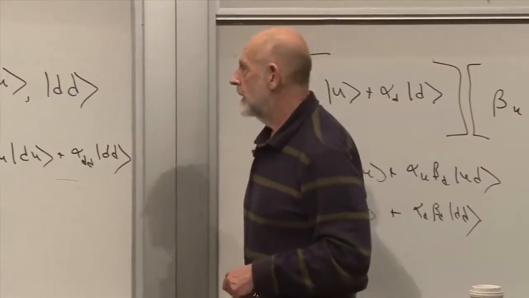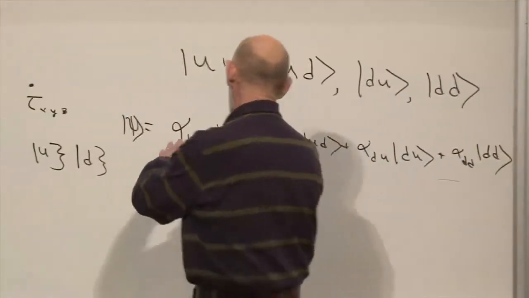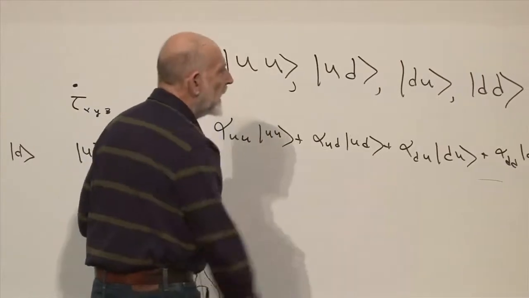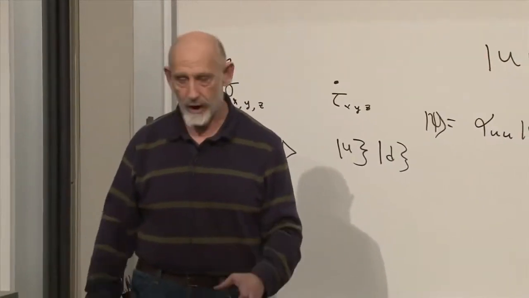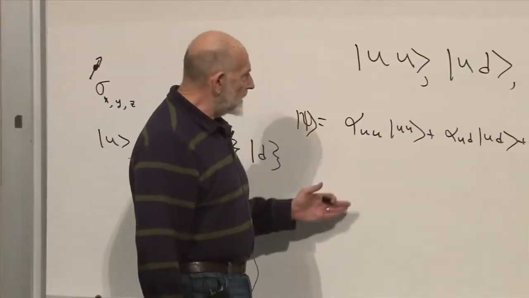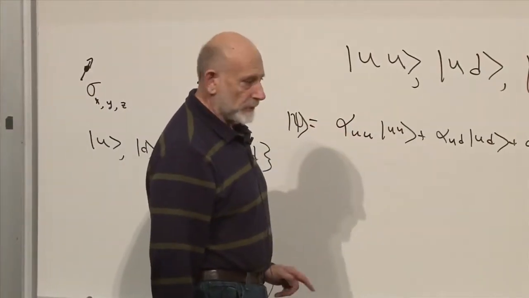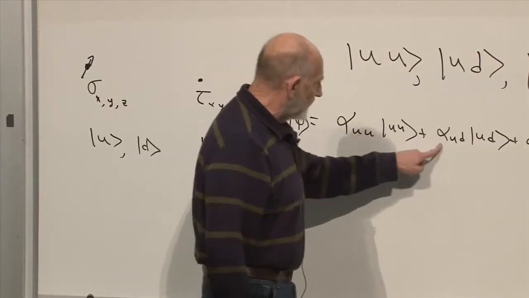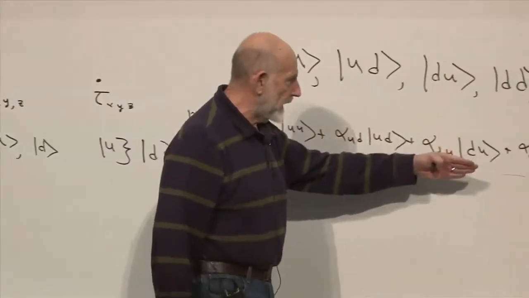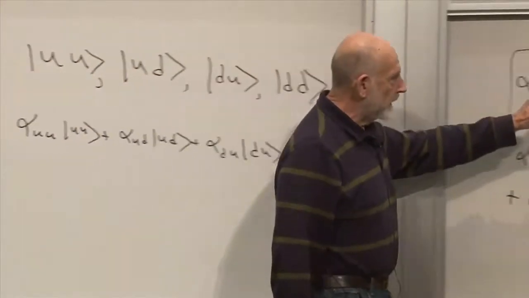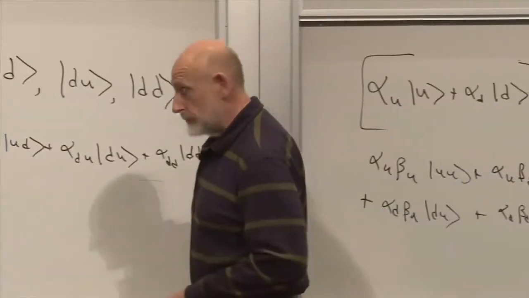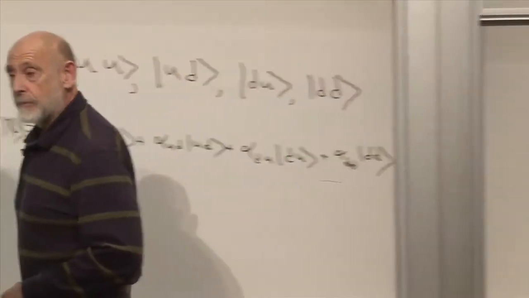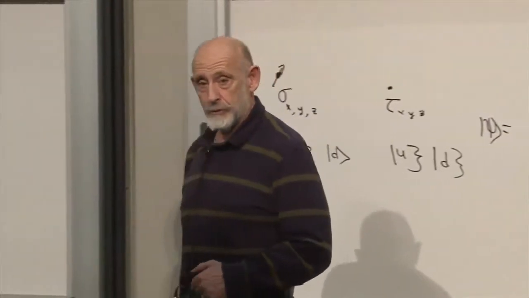Given a general state vector, how many independent parameters does it take to describe it? And the answer is 4 complex numbers. Alpha up, up, alpha up, down, alpha down, up, alpha down, down. I am not assuming that it has this special form. Just general 4 numbers. 4 complex numbers is 8 real numbers.